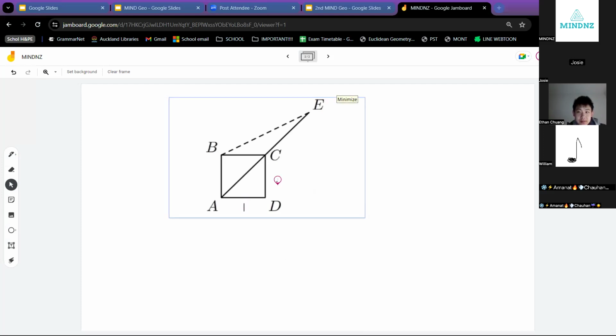So AD and CD are 1 because it's a square. And from Pythagoras, we know that AC is the square root of 1 squared plus 1 squared. So AC will just be root 2. And then, like Amanat said, since AC is equal to CE, which the question tells us, AE is 2 root 2.